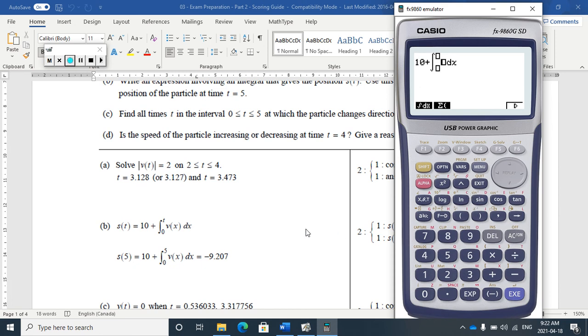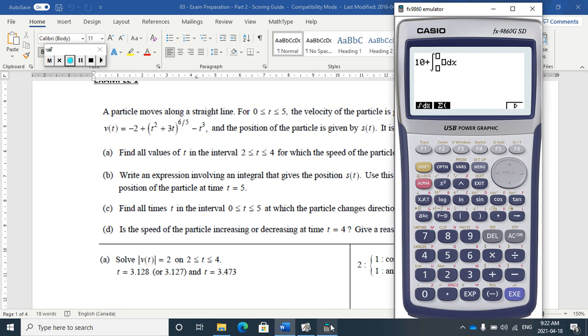Such a powerful button. And so I need the whole function again, so I got to type the whole thing in again. Negative 2 plus, open bracket, x squared plus 3x, close that bracket, exponent. When I'm in this mode, it gave me an exponent there, so I'm not quite so worried about that.